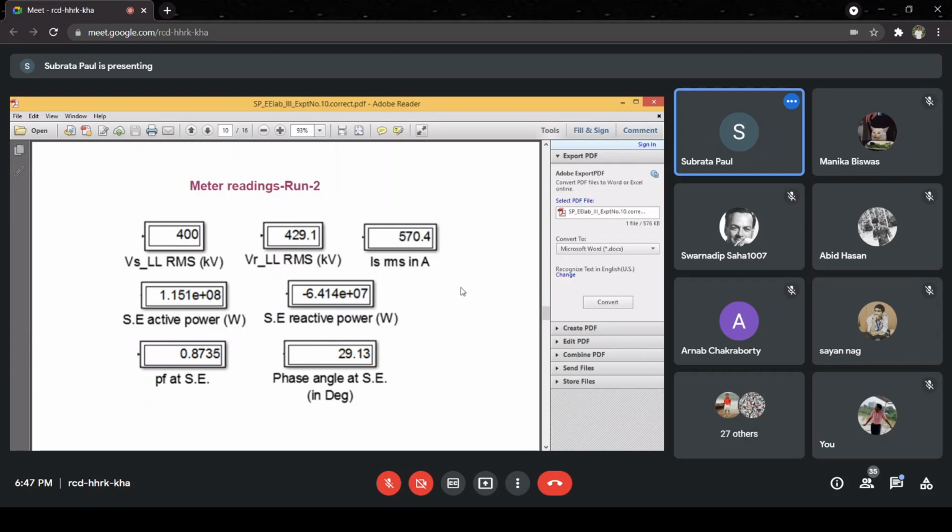Or you can consider inductive VAR as positive, capacitive VAR as negative. Series inductance is absorbing positive VAR. Shunt element is absorbing negative VAR, and absorbing negative VAR means delivering VAR.